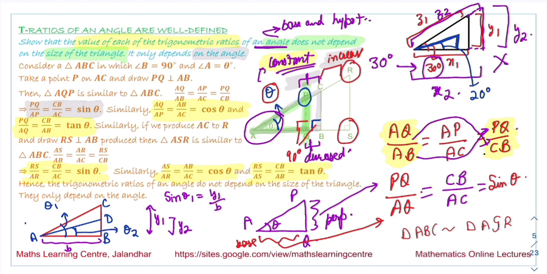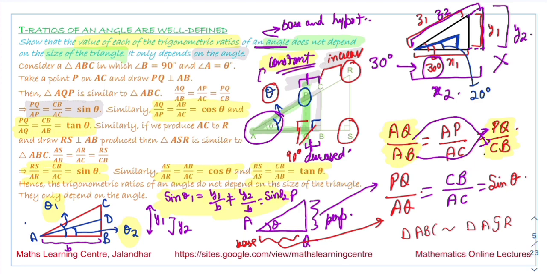And this is not equal to y2 over b, which is equal to sine of theta 2. So what we see is that if we change the angle of the triangle, then the trigonometric ratios will change. But if we increase or decrease the size of the triangle, the trigonometric ratios will remain the same.